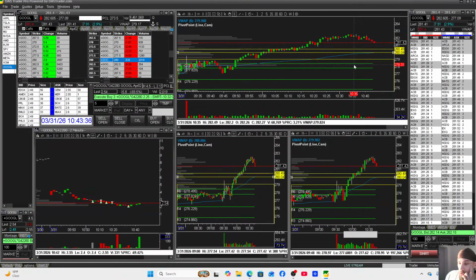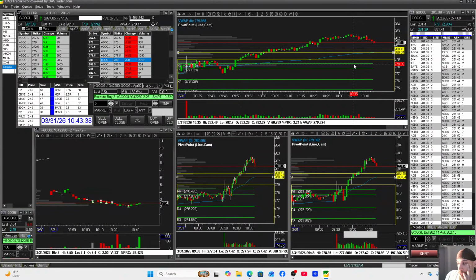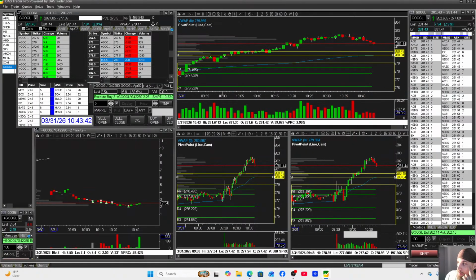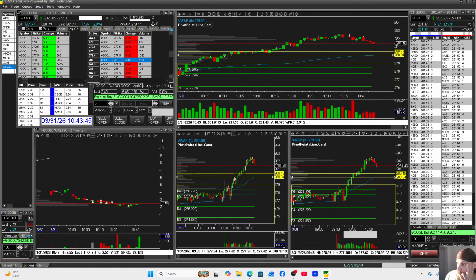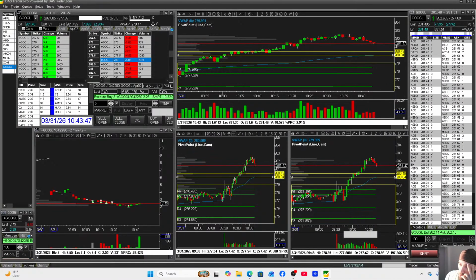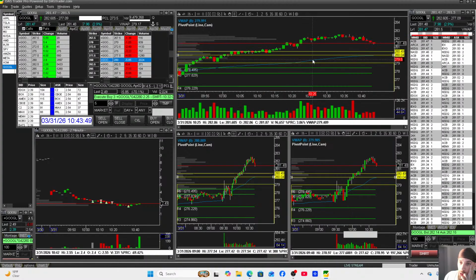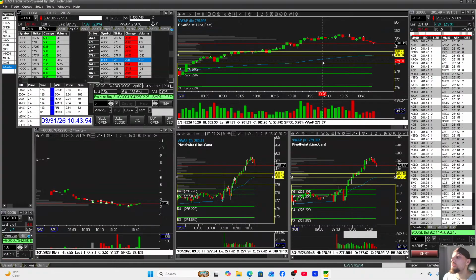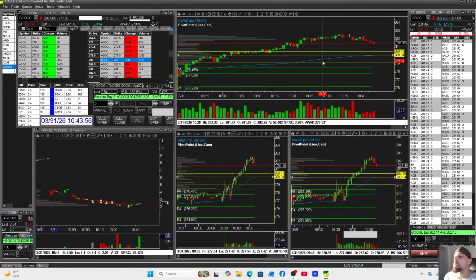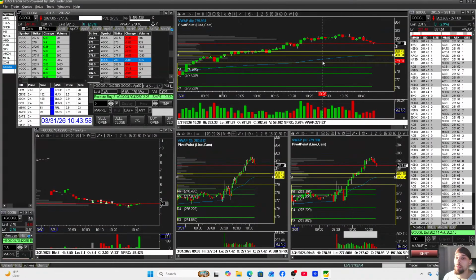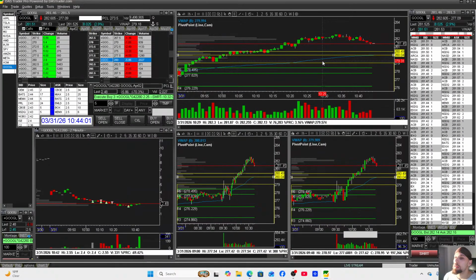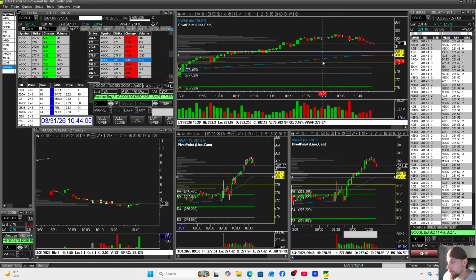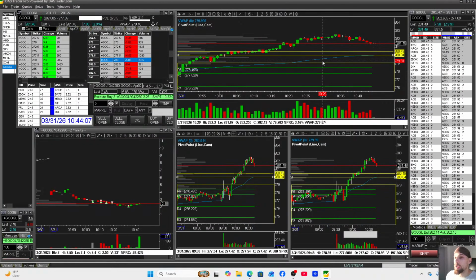SPY's moving down. Qs are moving down. The overall sentiment of the market is bearish. So in retrospect, taking a long on a bearish market, you're looking for scalps.